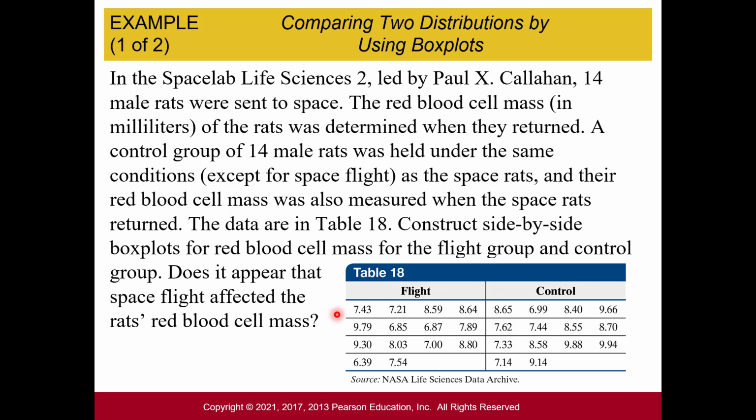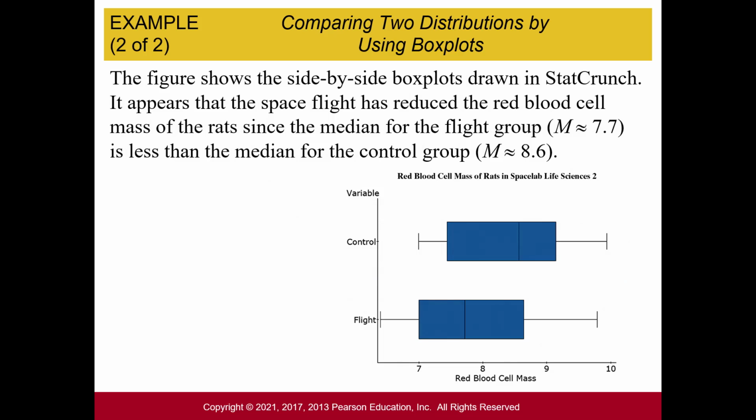The data here in this table is from that experiment. So we're going to construct side-by-side box plots for red blood cell mass for the rats that went to space and then the control group. And then we want to determine, does it appear that the space flight affected the rat's red blood cell mass?